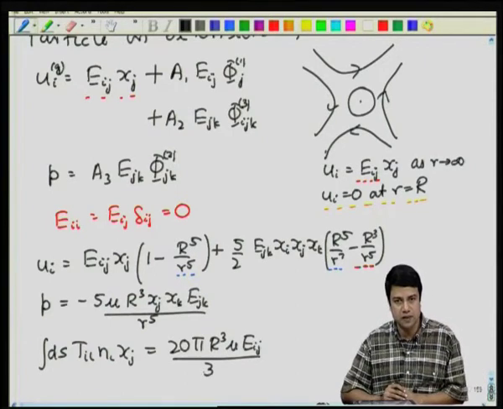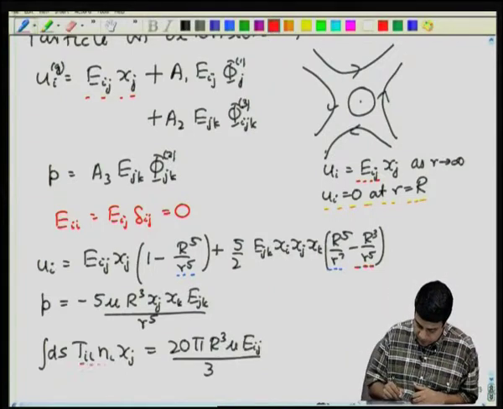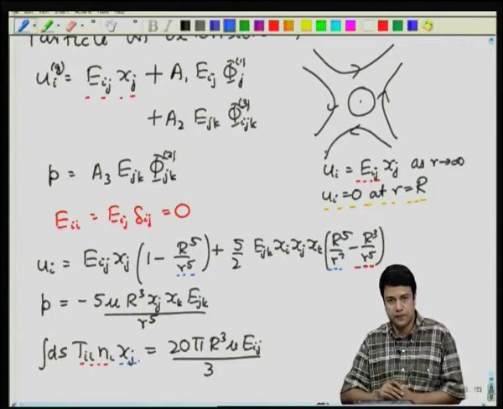That is the final expression for the integral of the stress dotted with the unit normal. So, this is the force times the position vector.